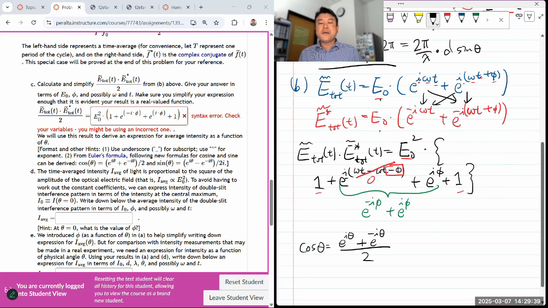Just double checking, when theta is equal to 0, you do get 1. Was there an i somewhere? No, I think that's fine. And for sine of theta, you have e to the i theta minus e to the minus i theta over 2i.